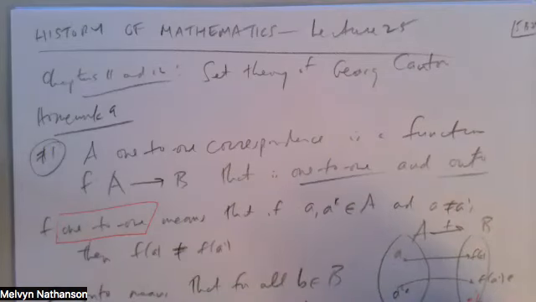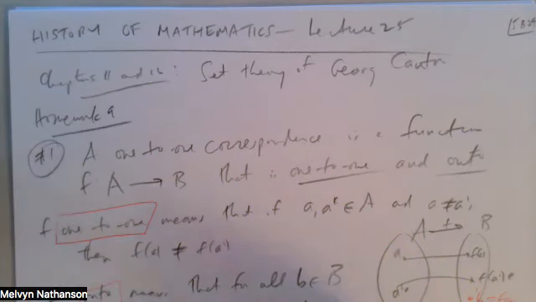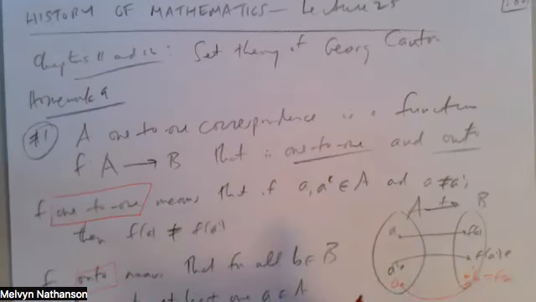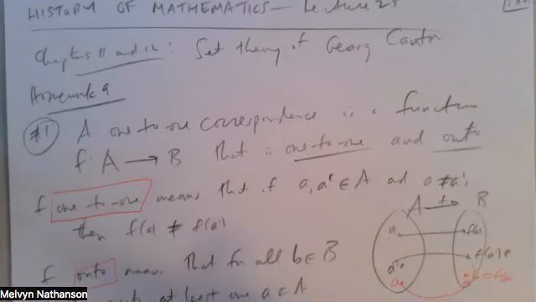So given any b, there's an element a in the set capital A, so that b is equal to f of a. If the function is not one-to-one, there can be more than one such element a, but to say that the function is onto means that there's at least one. And so that's what a one-to-one correspondence is.